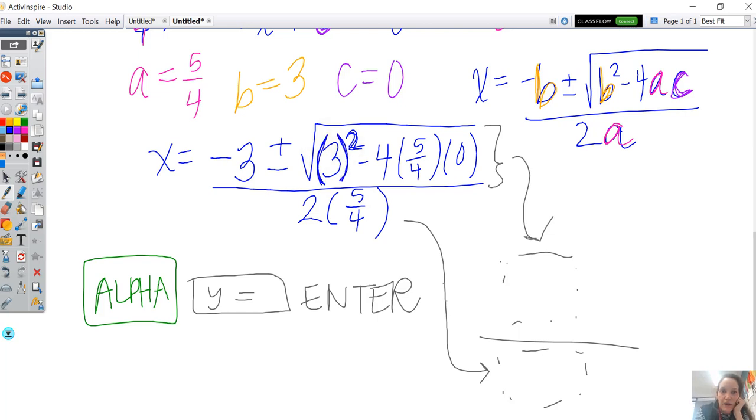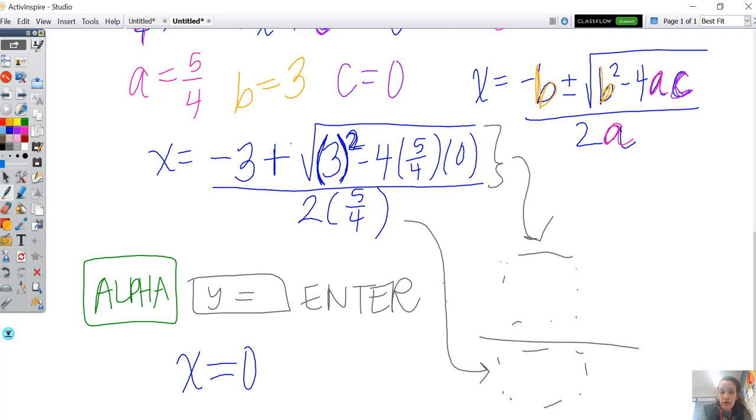It's not a bad habit to put it in parentheses regardless, but you need to make sure that if you're squaring a negative, you're squaring the whole thing. So you type this once in your calculator with a plus sign right here: -3 plus all of that stuff, all of it over 2 times 5/4. And that is going to give me x equals 0.